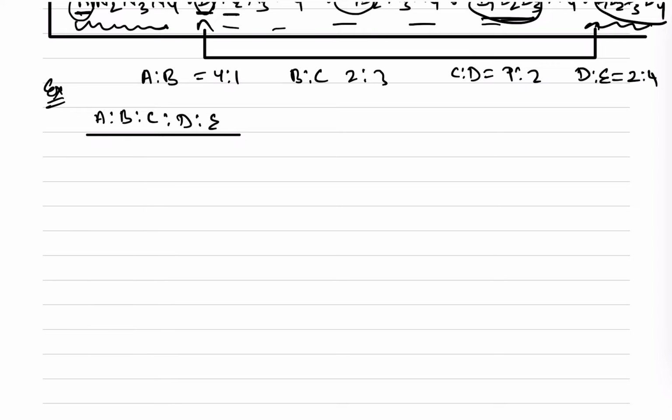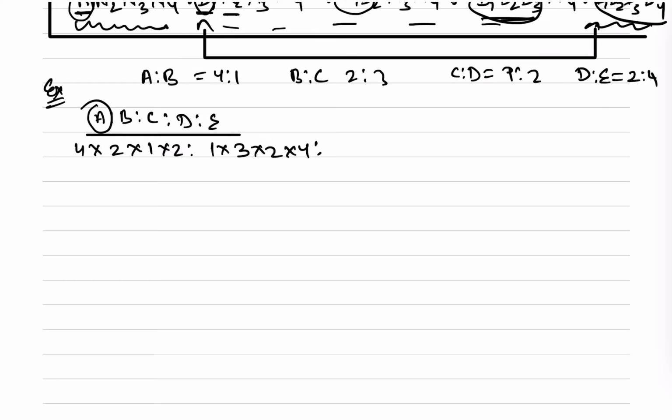I remember that we start with all numerator multiplication, that is 4 is to 2 is to 1 is to 2.